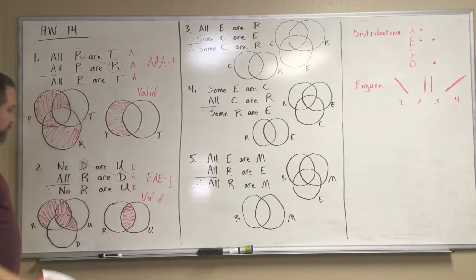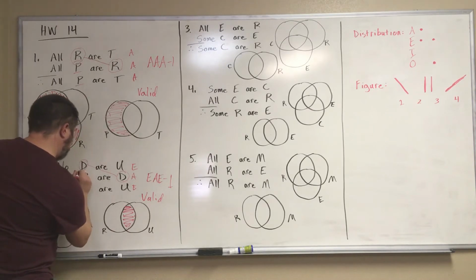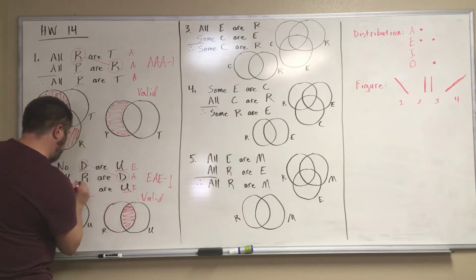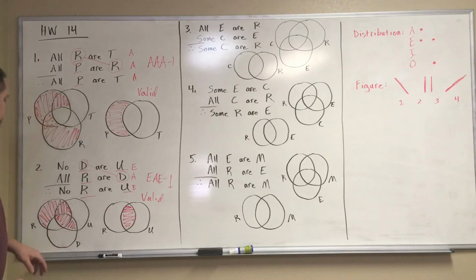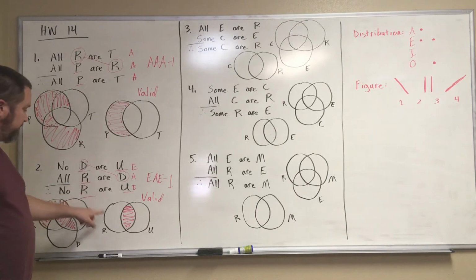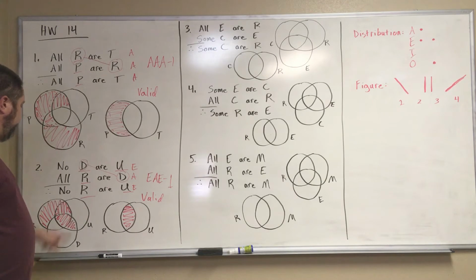Let's go ahead and check the rules just to double check. So everything distributed: both there, both there. The first term is distributed in the A statement. So R is distributed up in the second premise. U is distributed in the first premise.